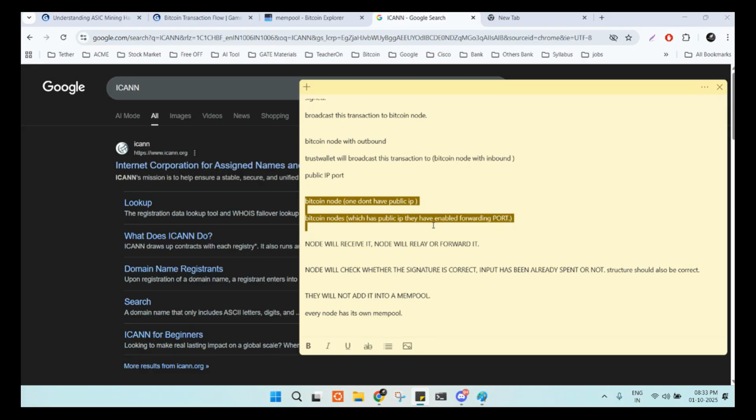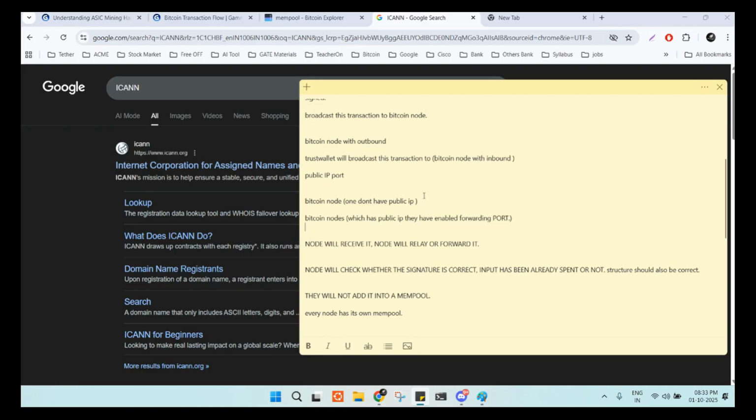So my doubt is, if I initiate a transaction and my transaction goes to the Bitcoin node, then after checking the signature and all these things, the transaction will go into the mempool, and it will also check whether this transaction is already mined or whether anyone has already done work on it. So the question here is, the second type is in the picture, right?